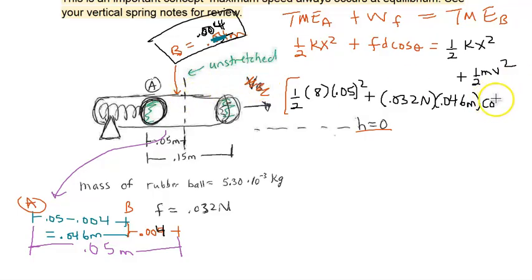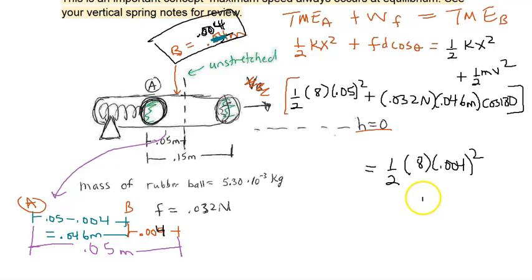Friction is cosine of 180 because it's opposite the motion. And that is all on our left-hand side, and that is equal to 1/2 k, which is 8, times this tiny 0.004 squared, plus 1/2 m, which is also tiny because it's in grams, times v at that point squared.